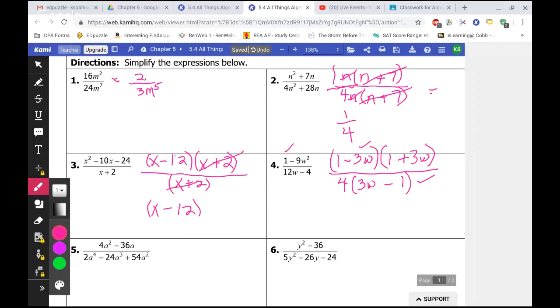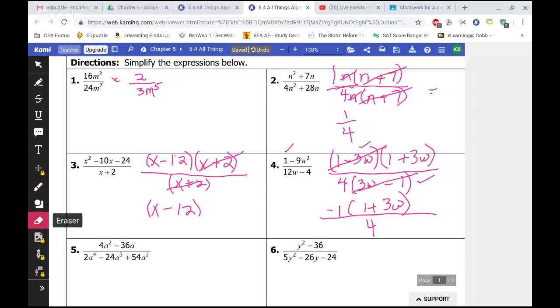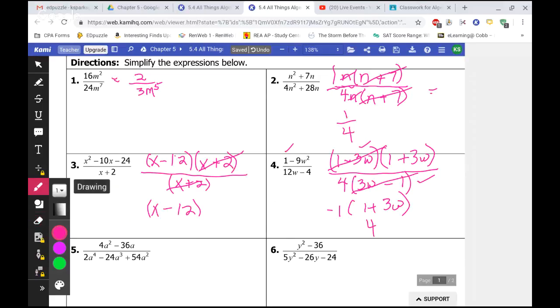That factors to be a -1. So you take that out and that out, but it leaves a -1 on the top. You also have 1 plus 3w left over 4. And then when you distribute that -1 throughout the parentheses, that actually will give you a -1 minus 3w over 4.